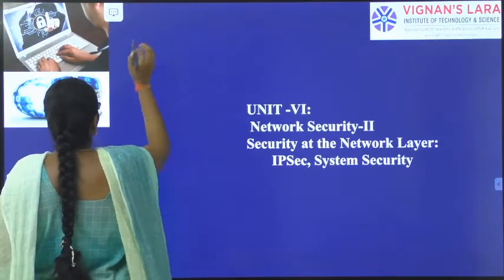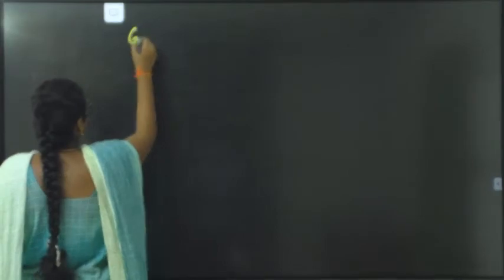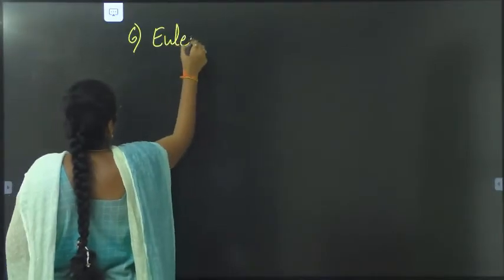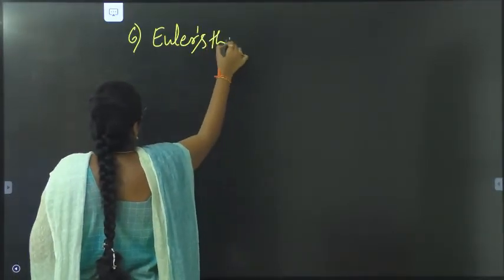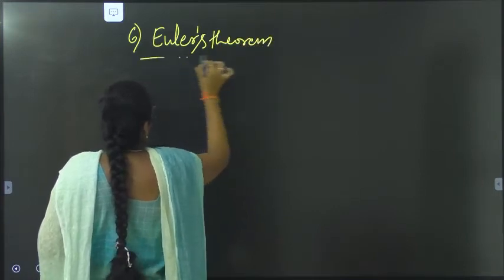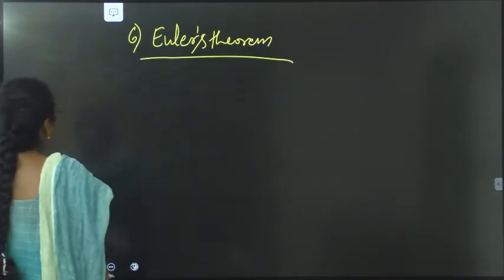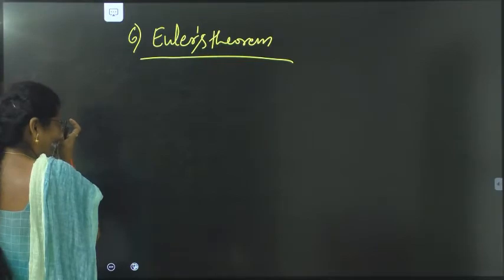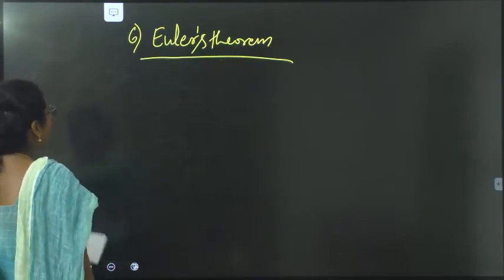So one last point we have, that is the sixth: Euler's theorem. If we discuss this Euler's theorem, the mathematics of asymmetric encryption will be completed.